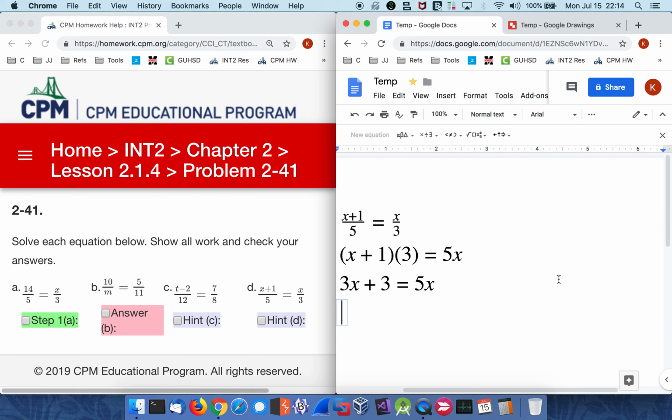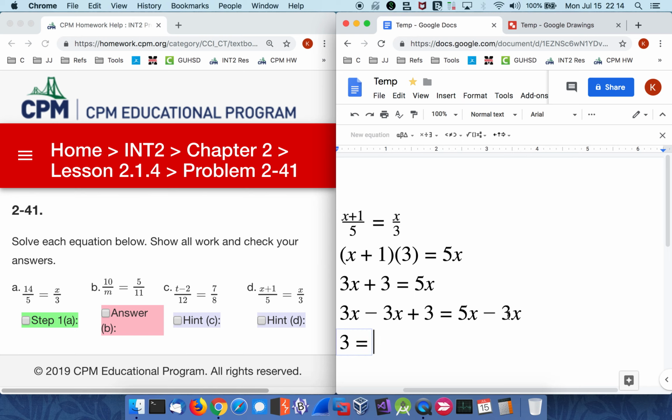Okay, new equation. So 3x plus 3 equals 5x. First thing I want to do, if this is the one I'm targeting, is combine all the x's over here. I'm going to do that by subtracting 3x from this guy and subtracting 3x from this guy. These guys go away, and that just gives me 3 on this side.